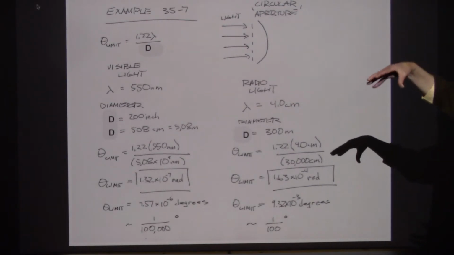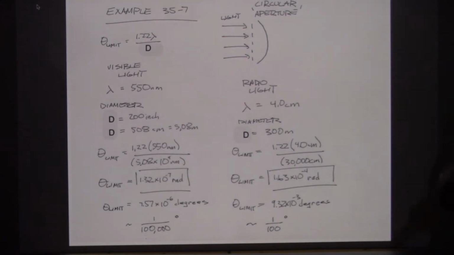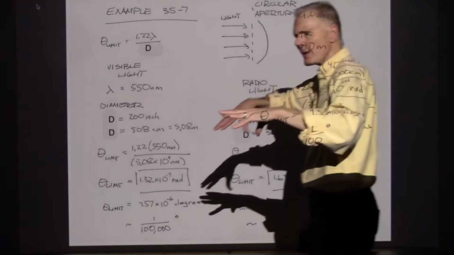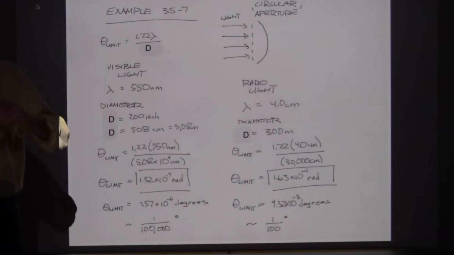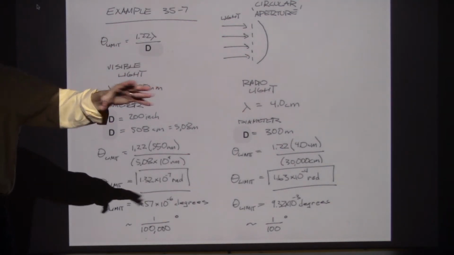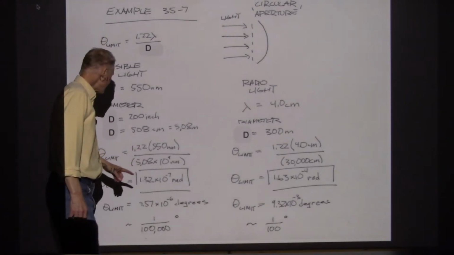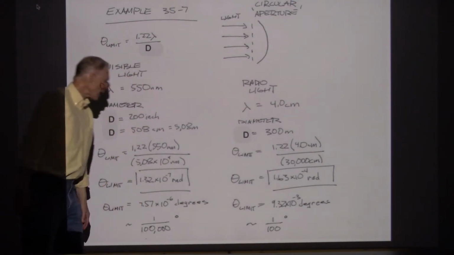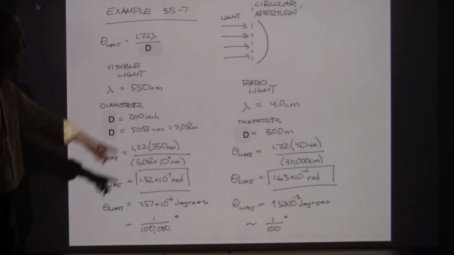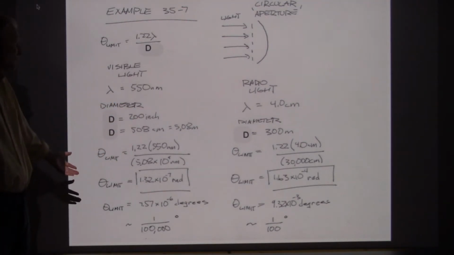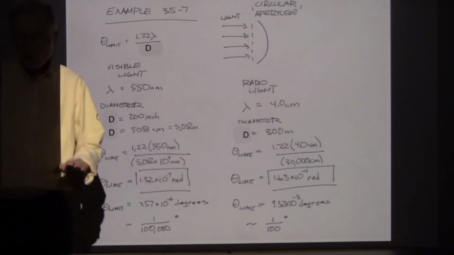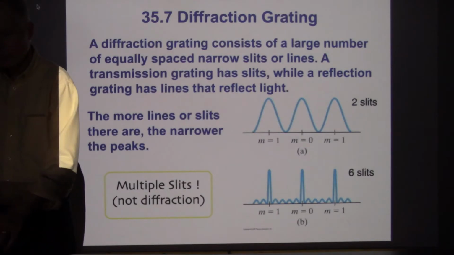You can set up many smaller radio telescopes, and I think the Very Large Array is in New Mexico, and they can move these radio telescopes around to create the effect of a much larger telescope. So anyway, the limit on the visible light comes in at about 1/100,000th of a degree, and the limit on the radio telescope, that's still pretty good. 1/100th of a degree, that's remarkable resolution for a radio telescope.